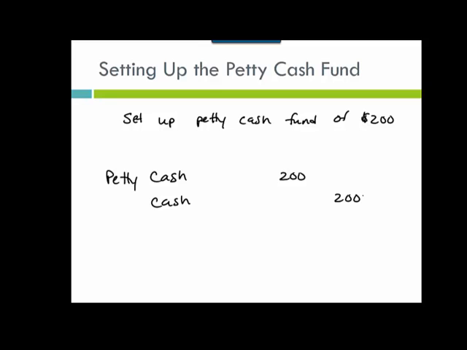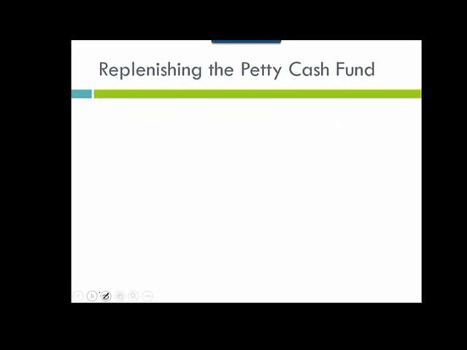I'm moving it from one type of cash account to another type. So cash is generally going to be like your checking account, so I'm essentially moving it out of the checking account and into this petty cash fund. And that is really, unless you decide to change the amount of your petty cash fund, the only time you actually touch the account petty cash, okay? So this is the setting up.